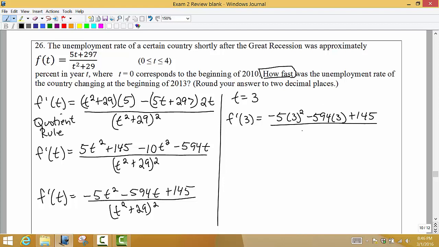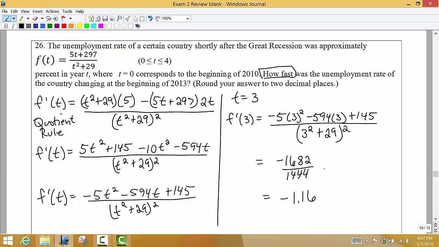We're going to divide that by 3 squared plus 29, and then we're going to square that quantity. So I get negative 1,682 divided by 1,444, which gives us negative 1.16, so we round to the nearest 2 decimal places.